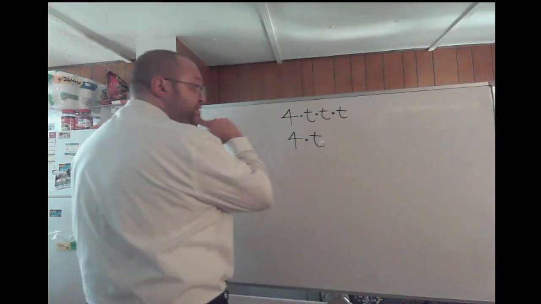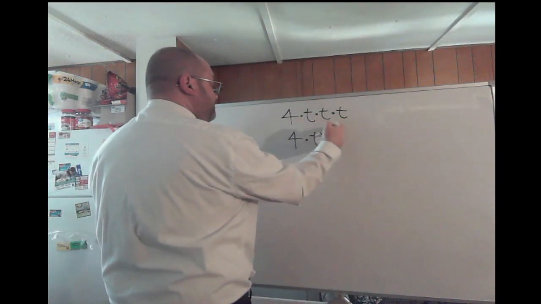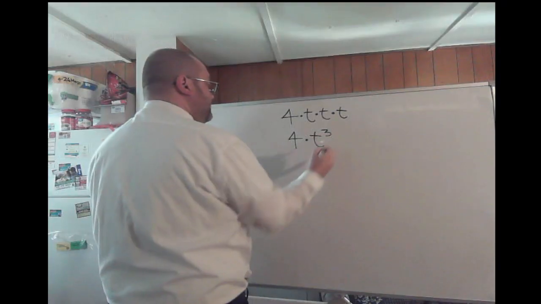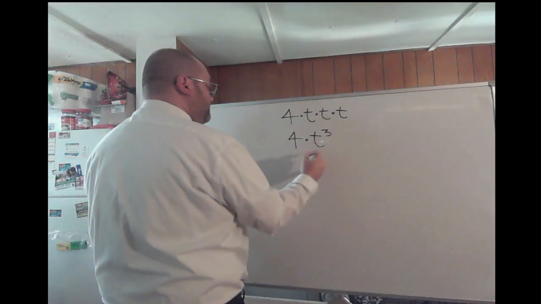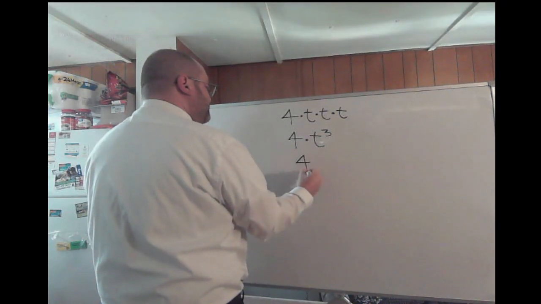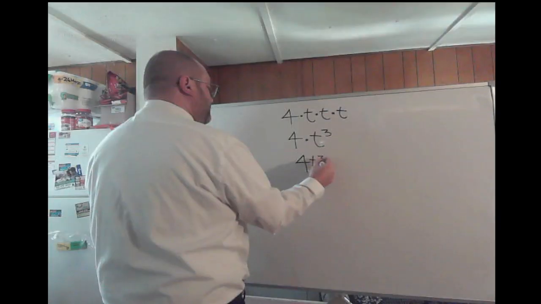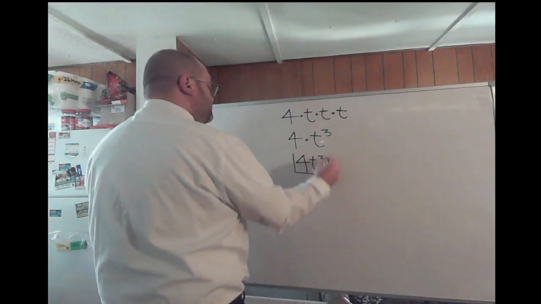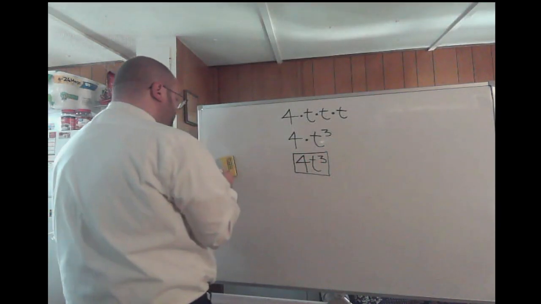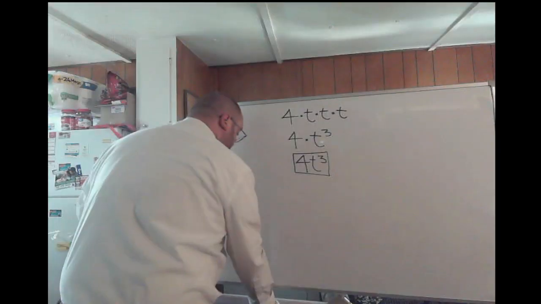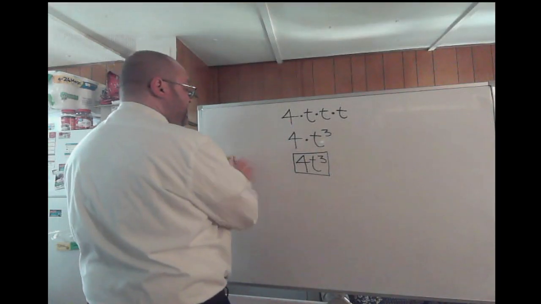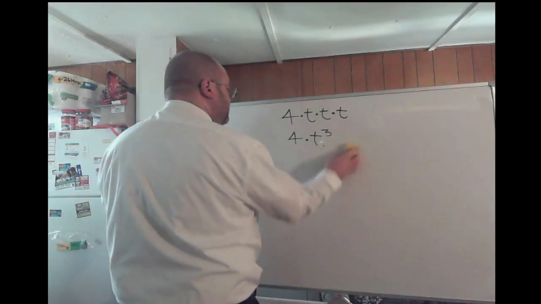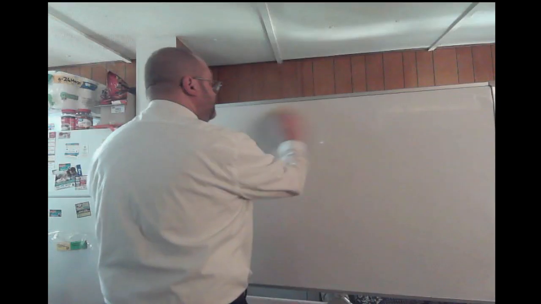Now how many times is t being multiplied? 1, 2, 3. It's being multiplied 3 times. So you'd have 4 times t to the 3rd, which is just simply 4t to the 3rd. So this can be written as 4t to the 3rd. So your constants just kind of hang out there and become part of the multiplication.